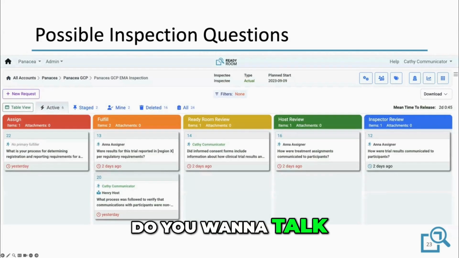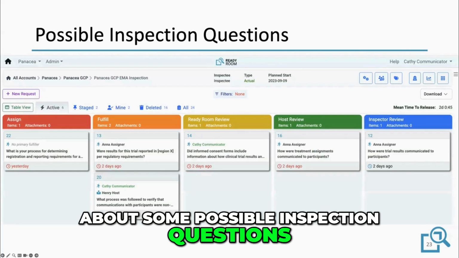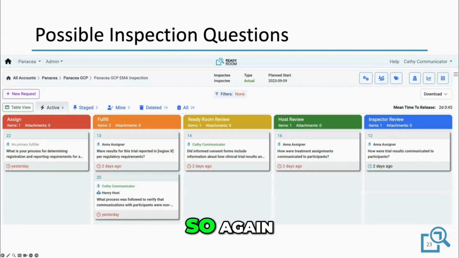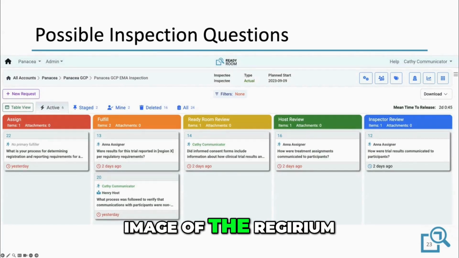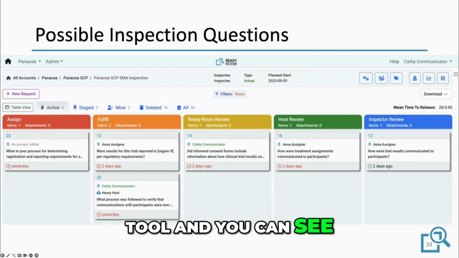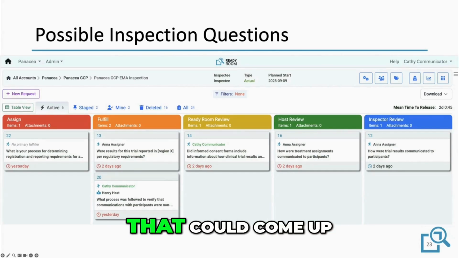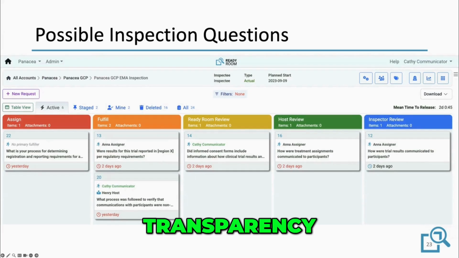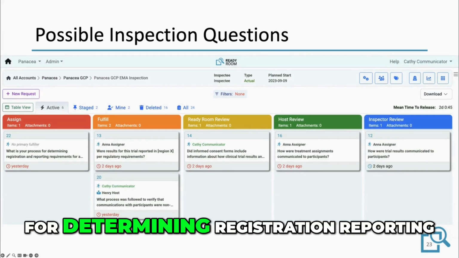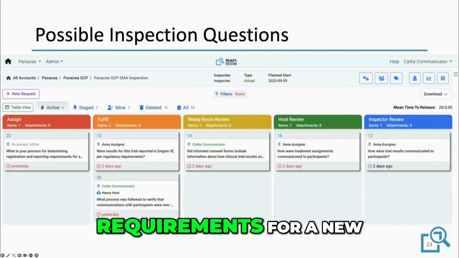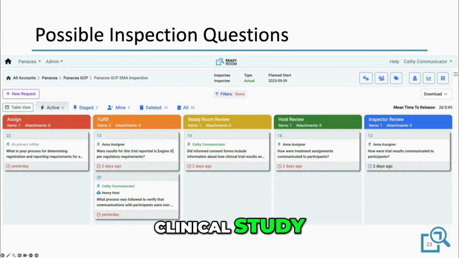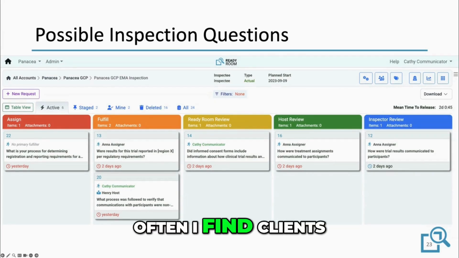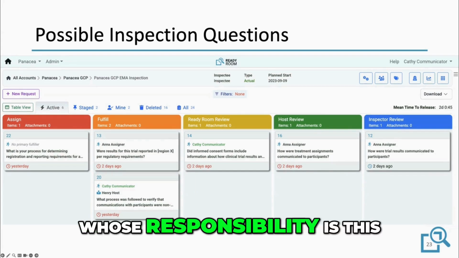So Priya, do you want to talk about some possible inspection questions? Yeah, thank you. So again, here you're seeing an image of the Ready Room tool, and you can see here some of the questions that could come up in this topic around transparency, which could be around, what is your process for determining registration reporting requirements for a new clinical study? Often I find clients that I work with get stuck between, whose responsibility is this?